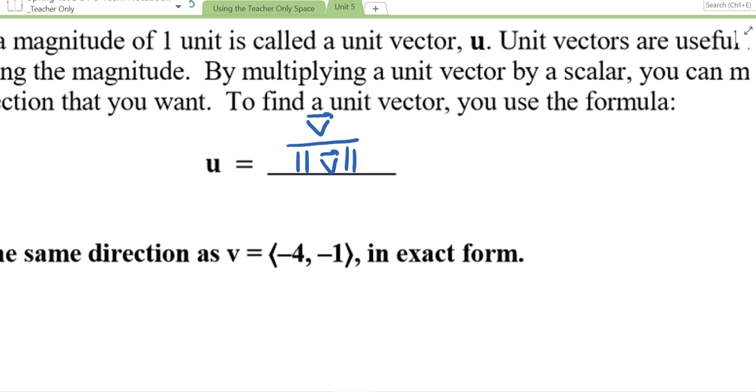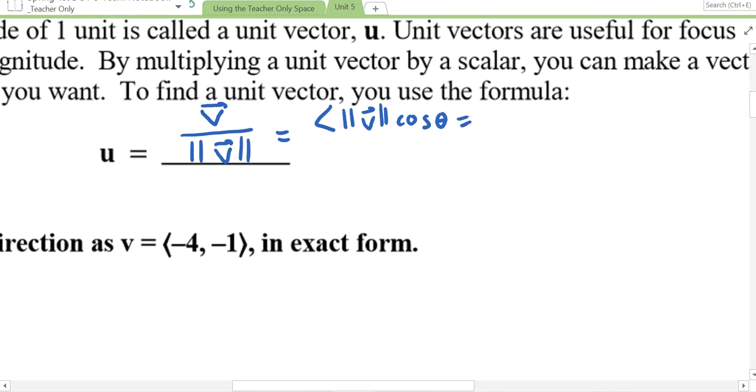And the formula for this is, if we're looking at the vector v, last month, before we left, we learned how to find the components of vector v. And that, remember, is that you take the magnitude of v, if you know it, and you multiply it times cosine for the x component.